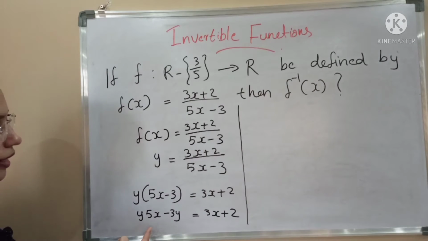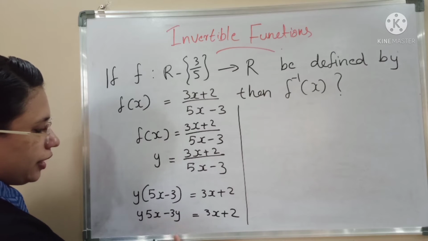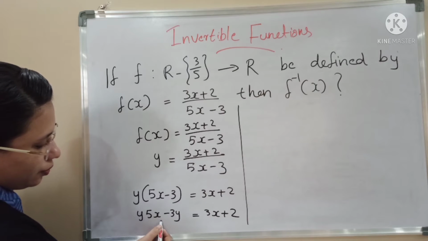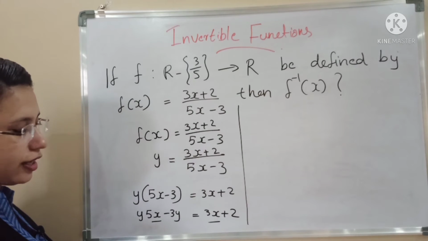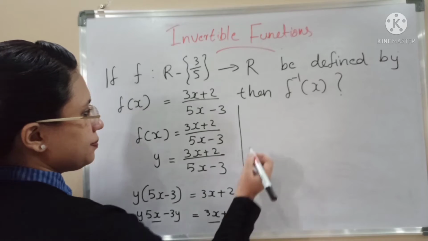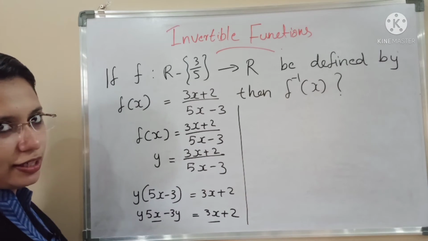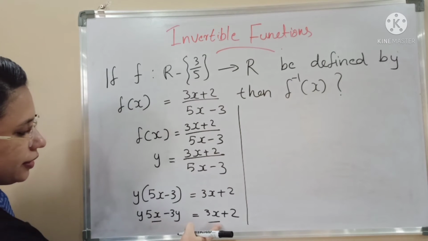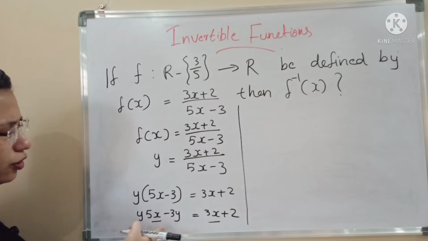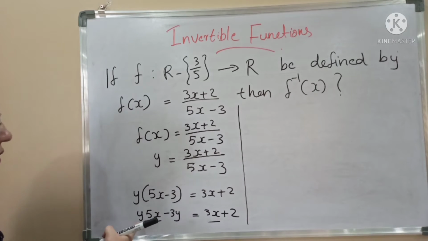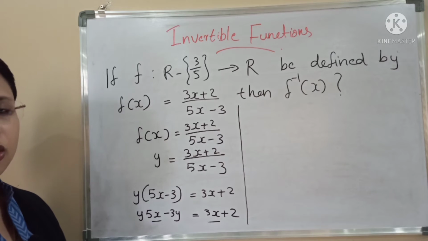So next we can group the similar variables. See here we have an x, here also we have an x. We can group them together, right? Last class I told how to group the variables. So here there is an x, there is an x. Why are we not grouping like this? Here there is a y and with 3 also there is a y, but we are not grouping that.